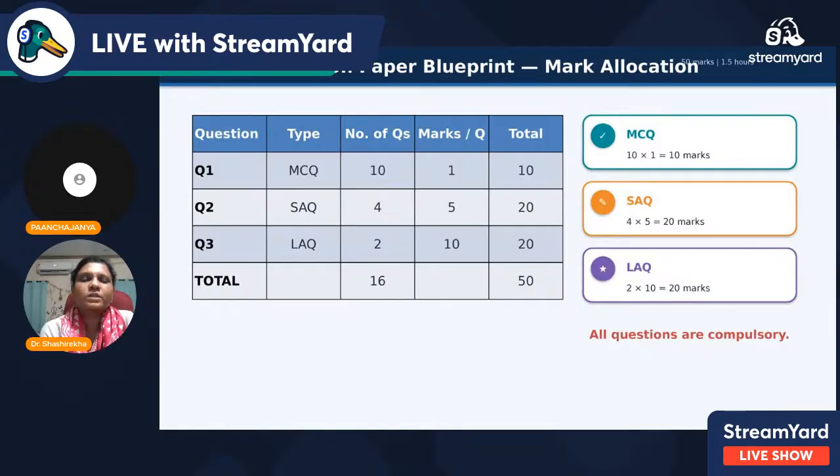Here you will have 2 LAQs, each of 10 marks, 4 SAQs, each of 5 marks, and 10 MCQs, each of 1 mark. So 10 plus 20 plus 20, you will have it for 50 marks. The number of questions you are supposed to attempt is 16, and you are supposed to attend all the questions compulsorily.